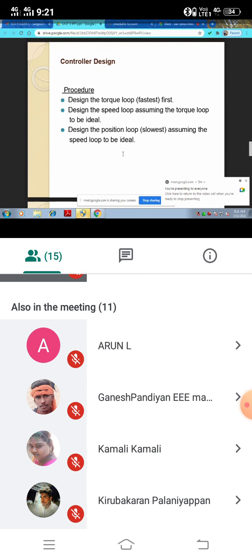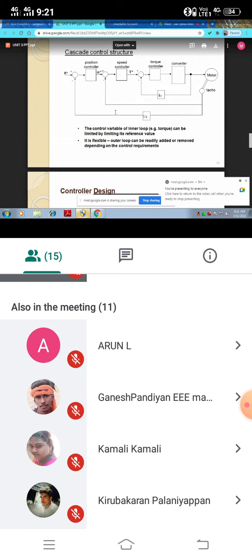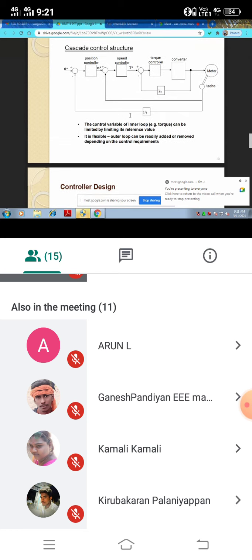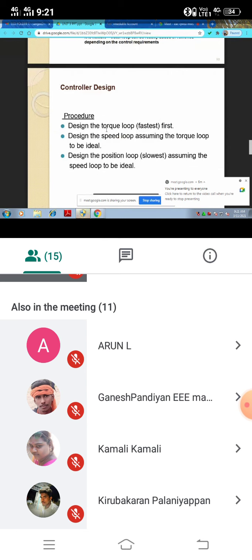Next, the controller design procedure. Controller design has some procedure, and that procedure always depends on the block diagram, according to the representation of the design. It gives an explanation about designing the torque loop.